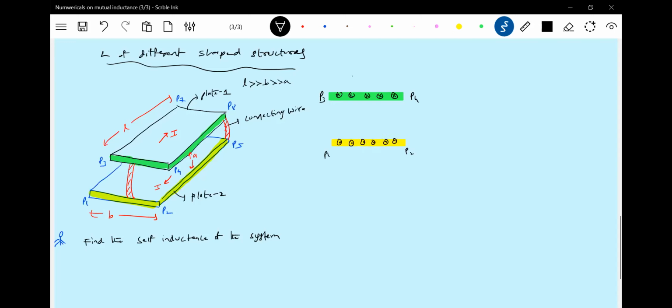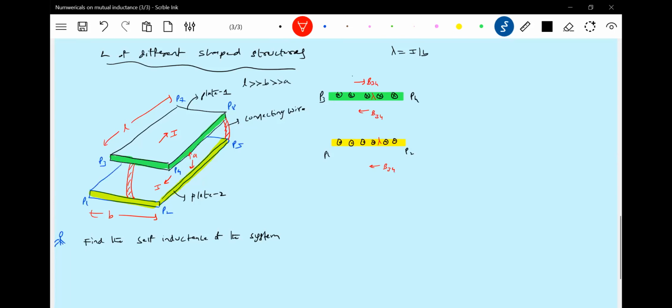So what is lambda we will define? Current per unit width, I by B, is lambda. Go for Ampere's circuital law. The field produced by P3, P4 here will be in this direction, and here in this direction.